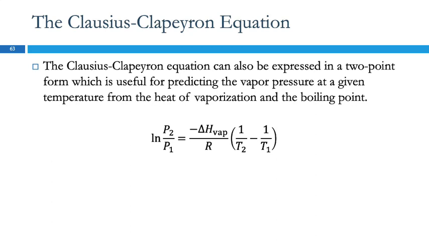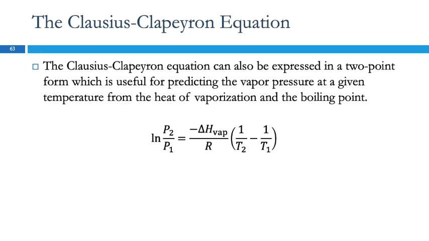So what's more useful, especially on an exam, is the two-point form of the Clausius-Clapeyron equation. If we just know information about 2 of the points, we can calculate delta H. Or if we know delta H and information, we can calculate one of the variables for one of the points.